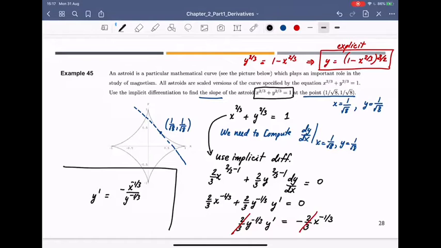Then I want y prime at the point x, y equal to 1 over square root 8. The answer is going to be negative 1 over square root 8 to the negative 1/3 over 1 over square root 8 to the negative 1/3.